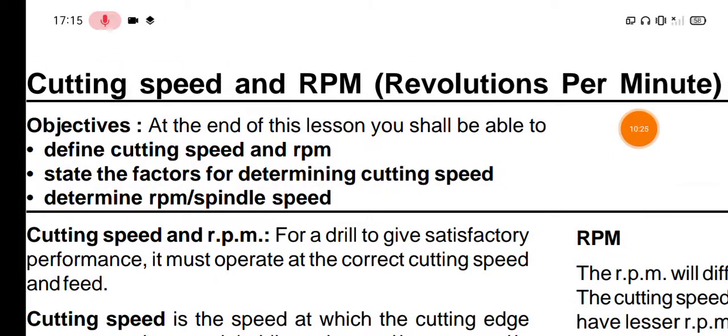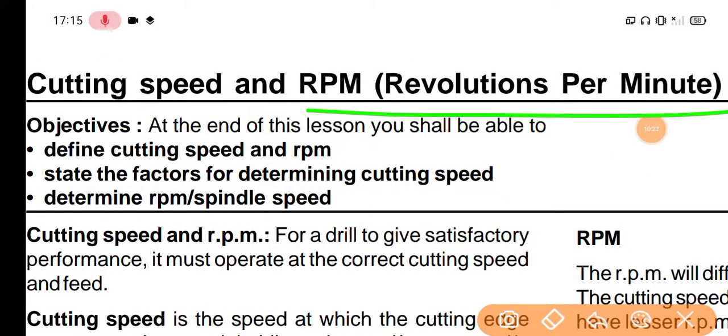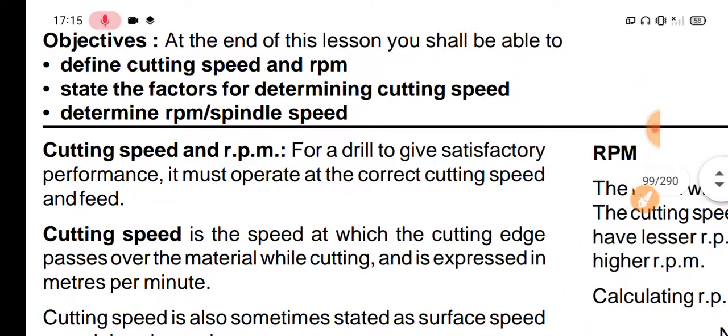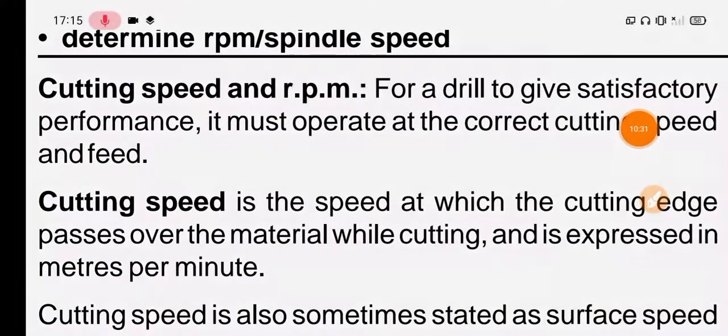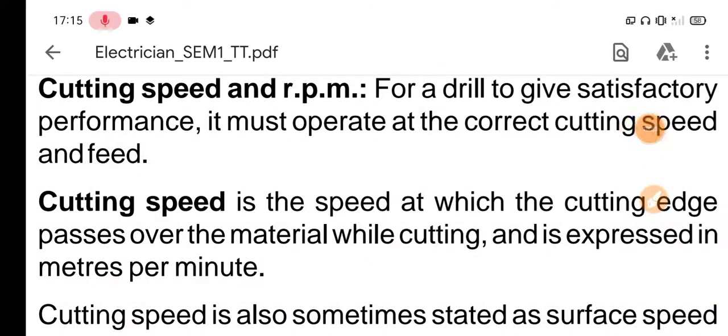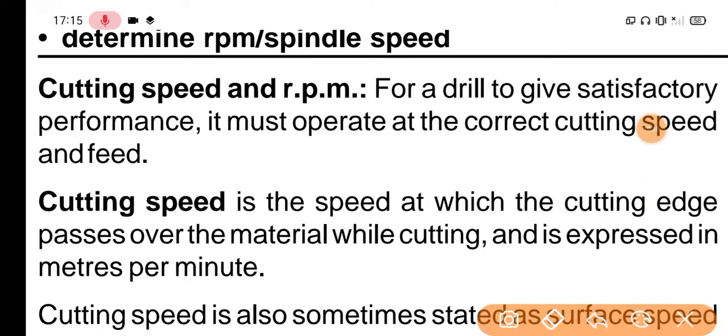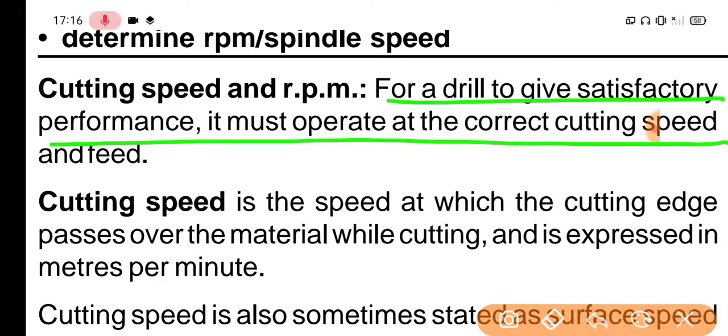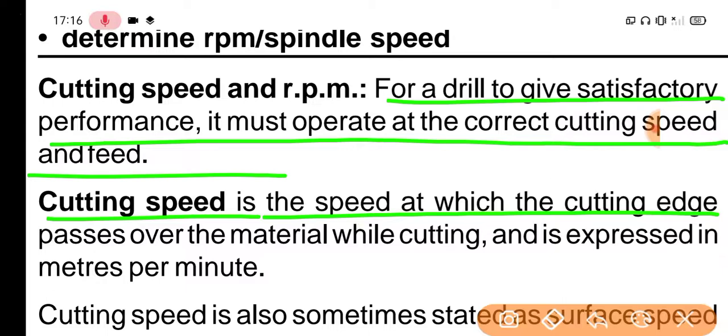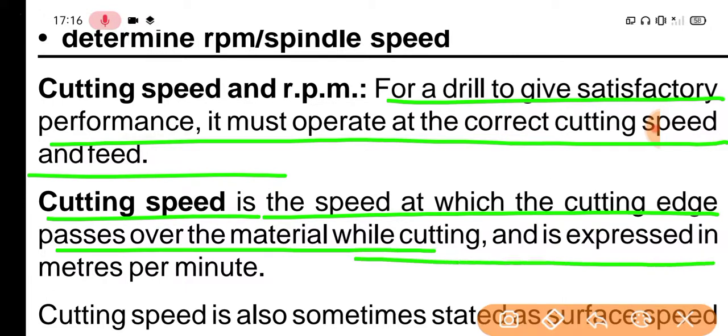Cutting speed and RPM, revolutions per minute. Cutting speed: for a drill to give satisfactory performance, it must operate at the correct cutting speed and feed. Cutting speed is the speed at which the cutting edge passes over the material while cutting and is expressed in meters per minute.